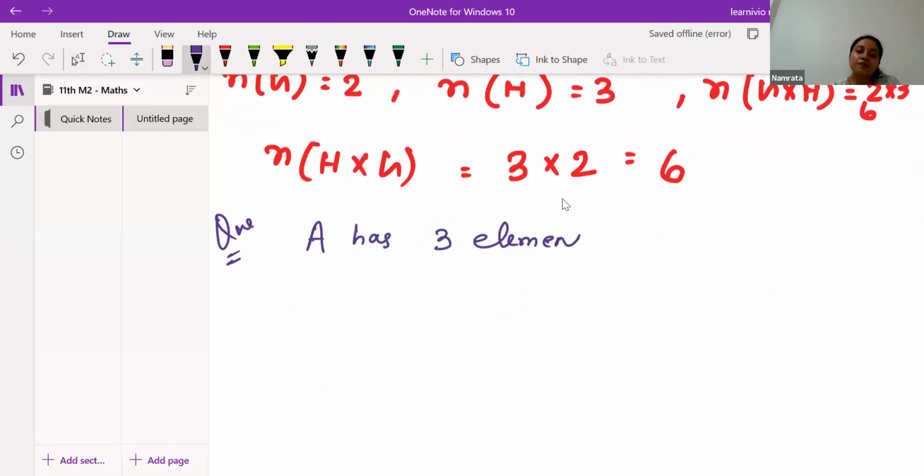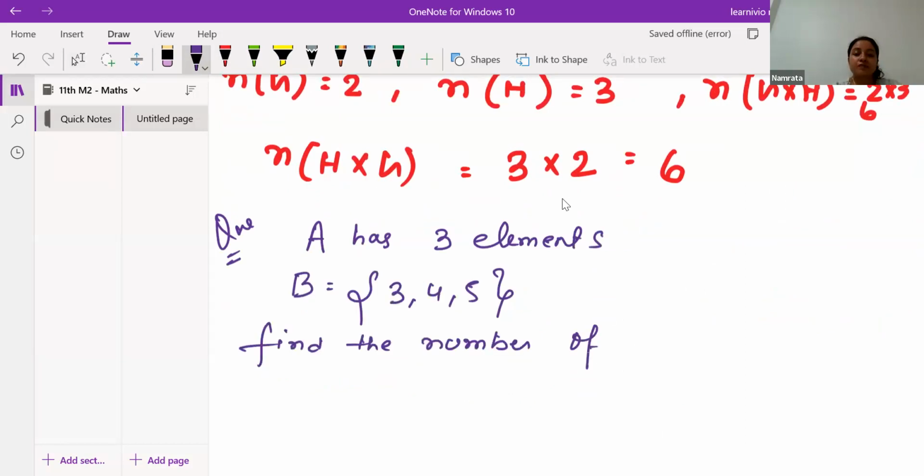Find the number of elements of A cross B. So how will we find the number of elements of A cross B? Can you tell me?